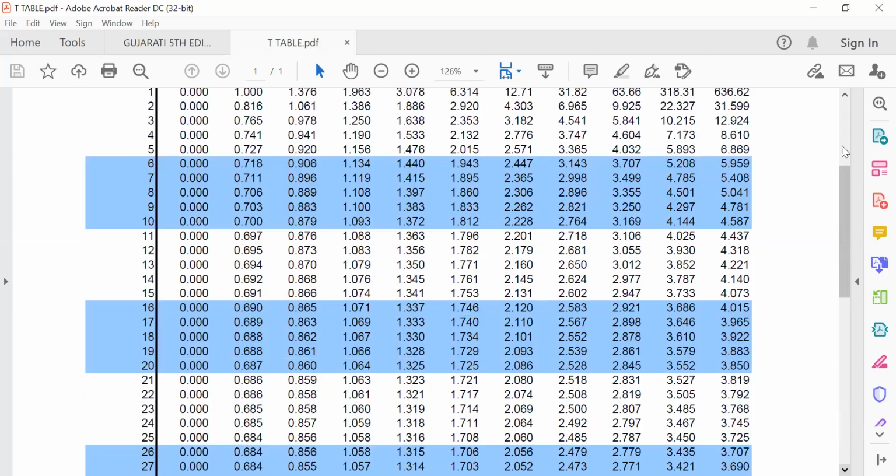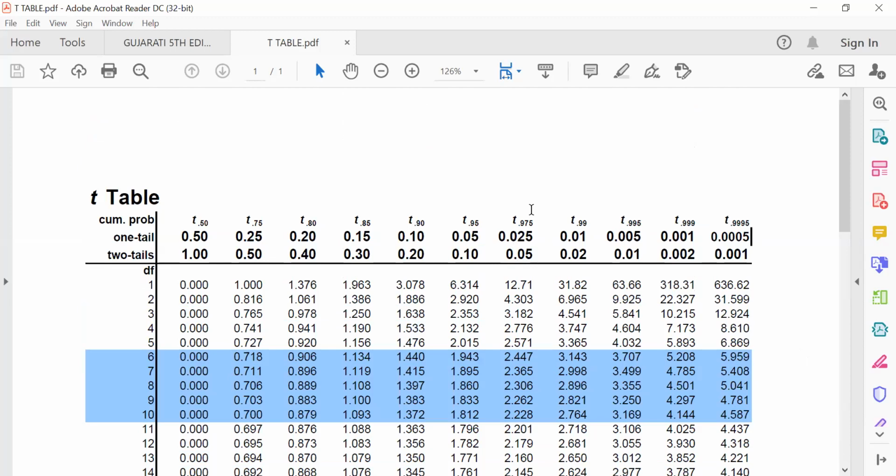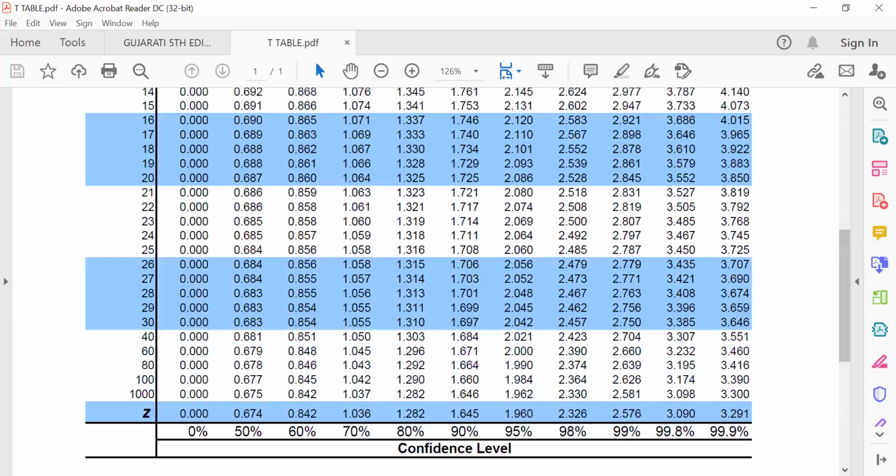We assume that we have a 95% significance level, so we have 1.96 here. This is equal to the normal distribution.